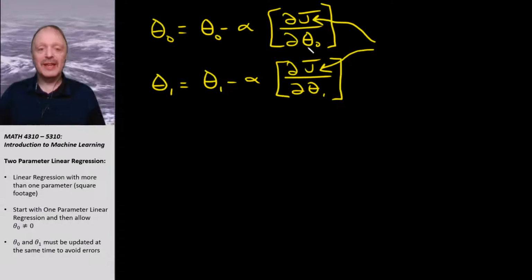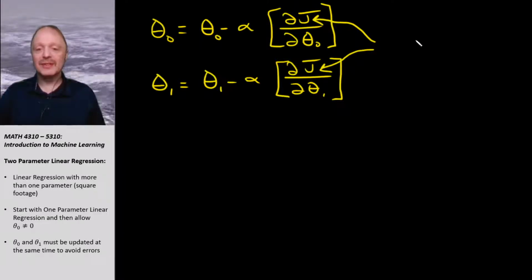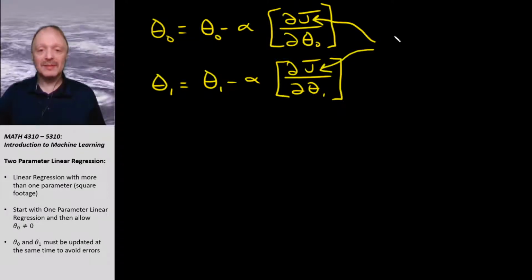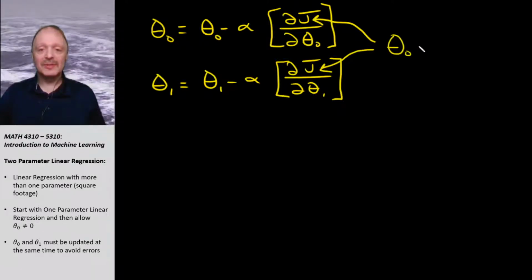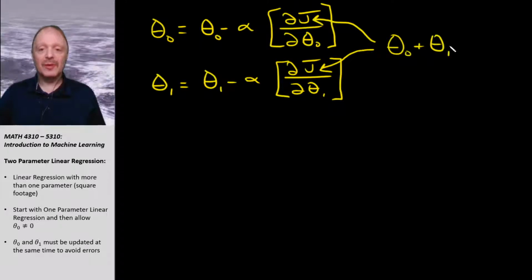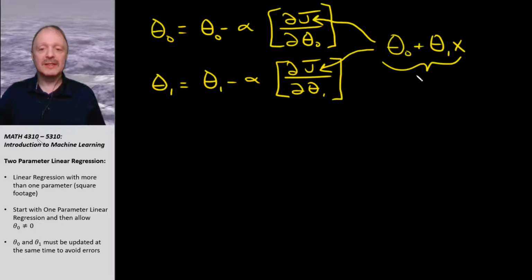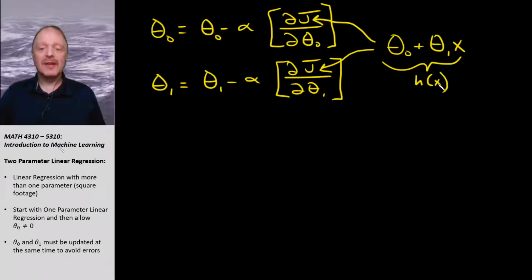Because this new J, this cost function, includes the hypothesis function, right? And the new hypothesis function is theta sub 0 plus theta 1 x. That was my new hypothesis function that's in my cost function.